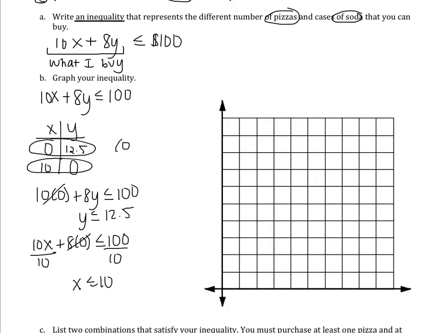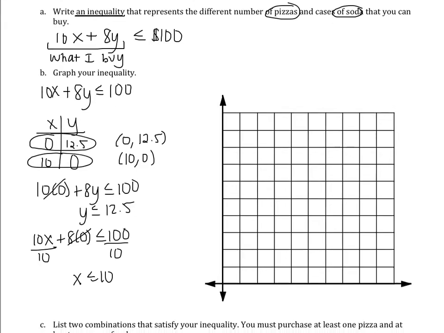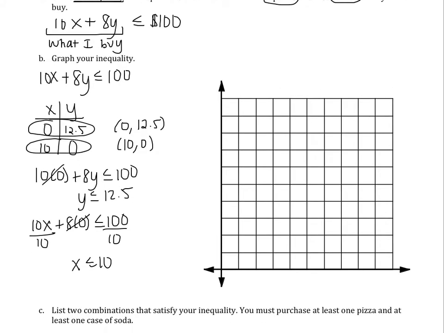So here are the 2 points that I have to graph. 0, 12.5 and 10, 0. And now I'm going to need to graph those. First thing, I want to label my axes. X is the number of pizzas. Y is the number of cases of soda.